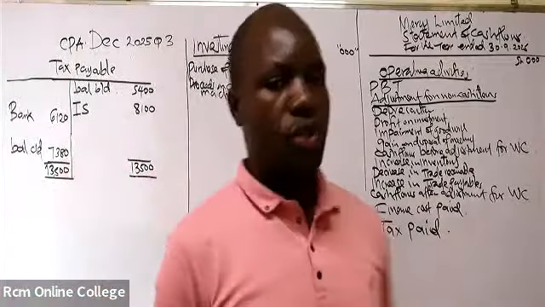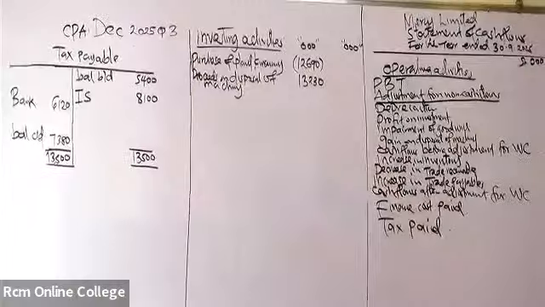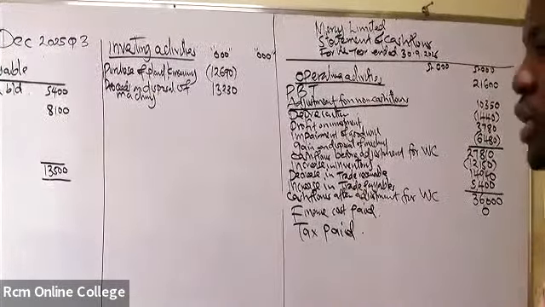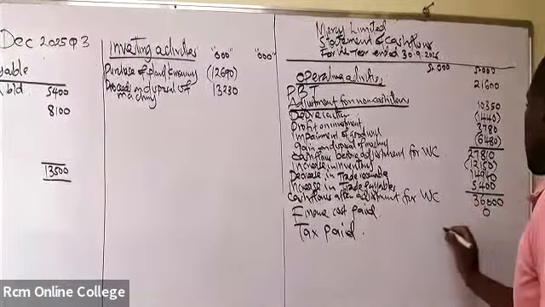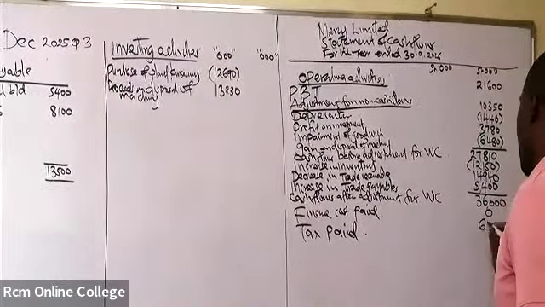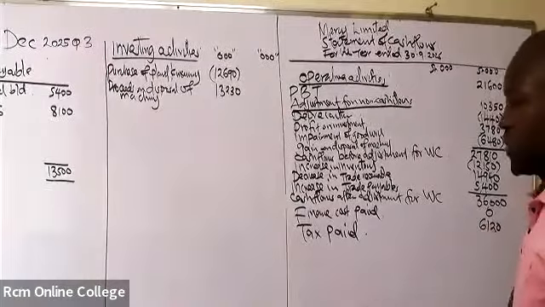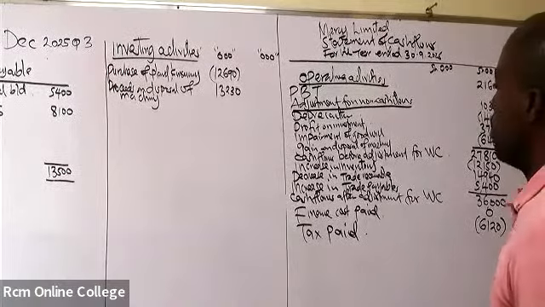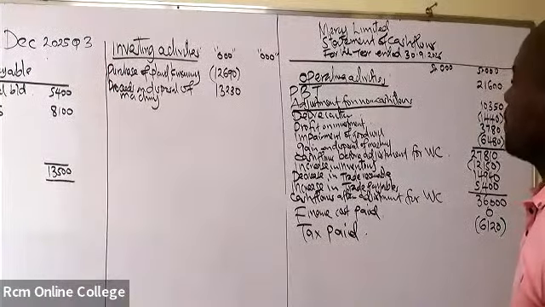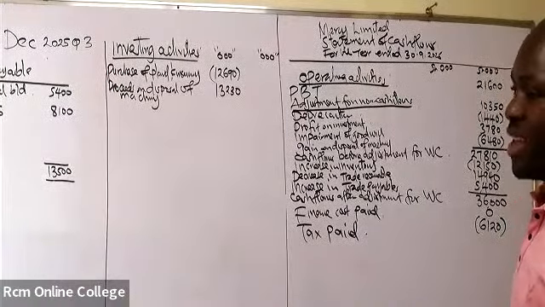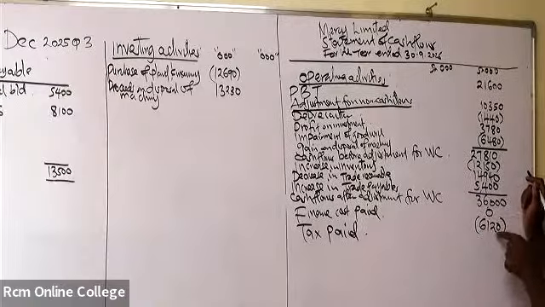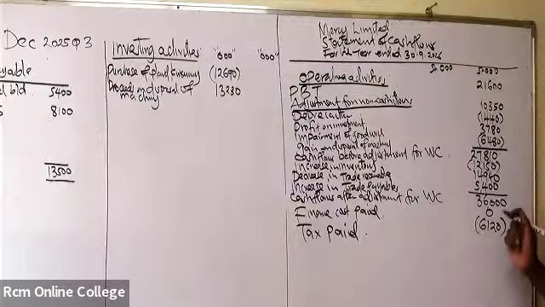So that takes me to this particular section here, 6,120. So I'll come to this part and talk about 6,120. That is an expense. So let's talk about the total amount, which will be cash flows from or cash flows used in. Can you take 36,000 minus 6,120? I'll get a positive.